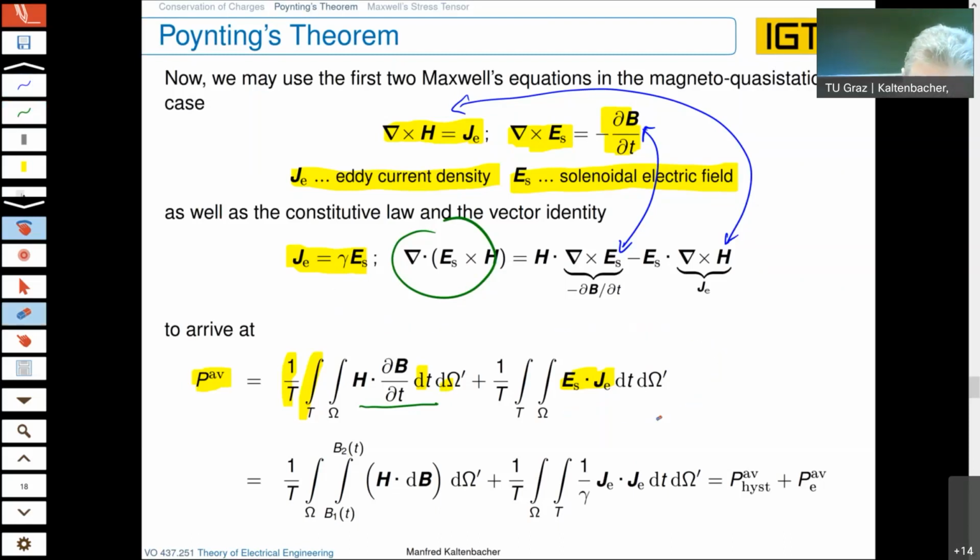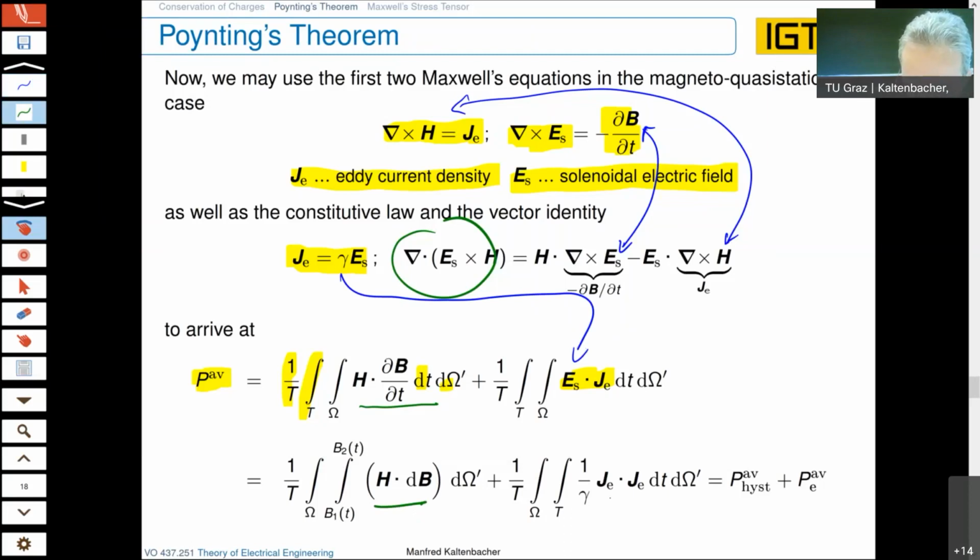We can make it shorter: according to this, we use this and substitute the electric field, the solenoidal part of the electric field, which gives us this second term. So here is the first term, which we already discussed concerning any nonlinear or hysteretic behavior of a ferromagnetic material.